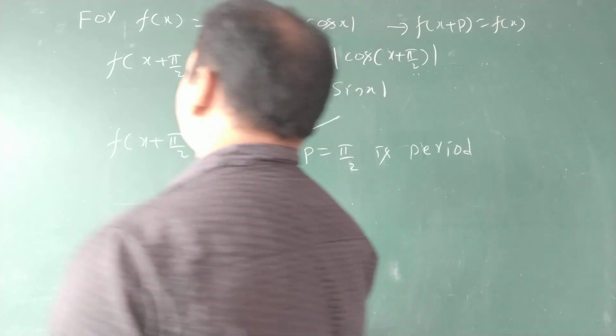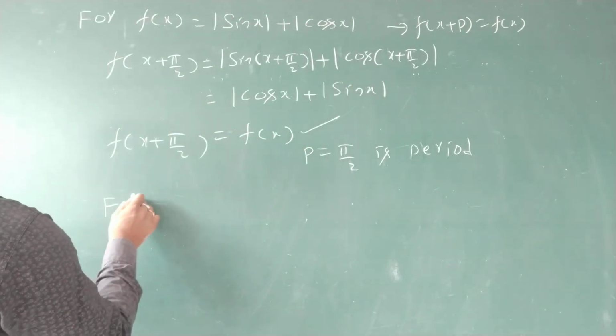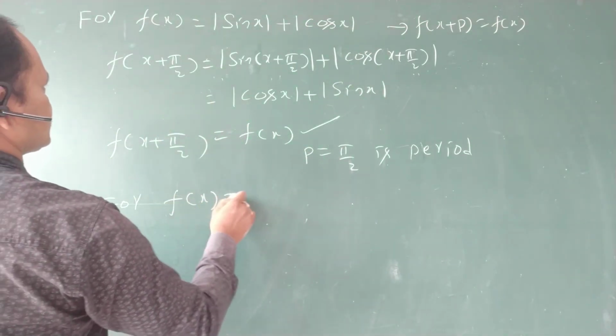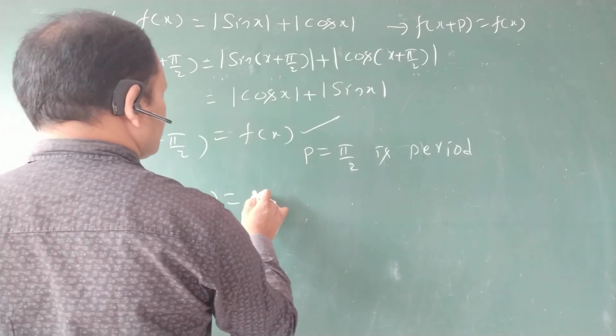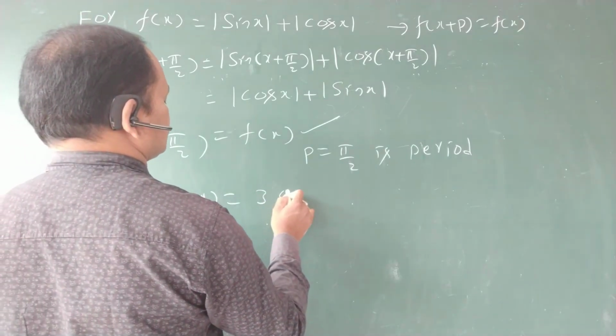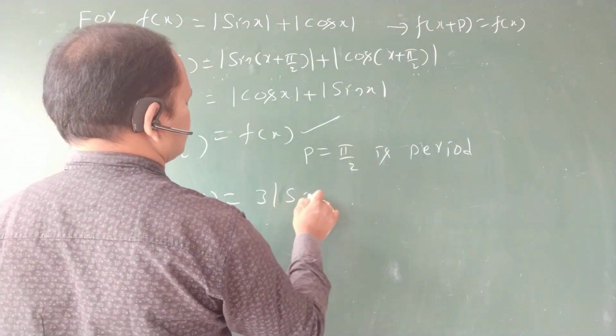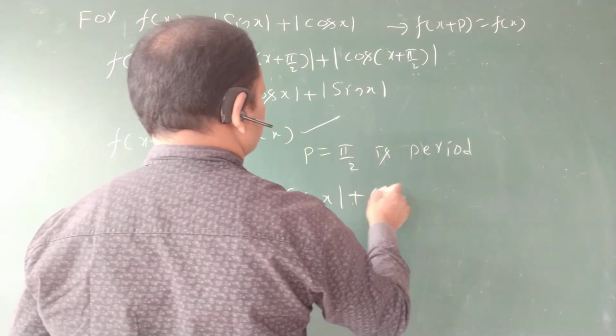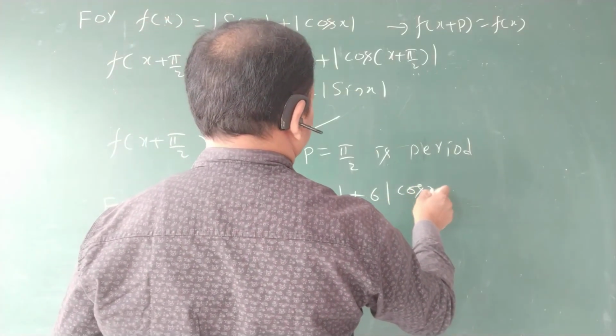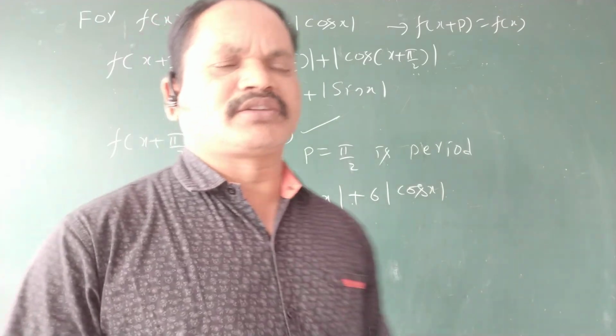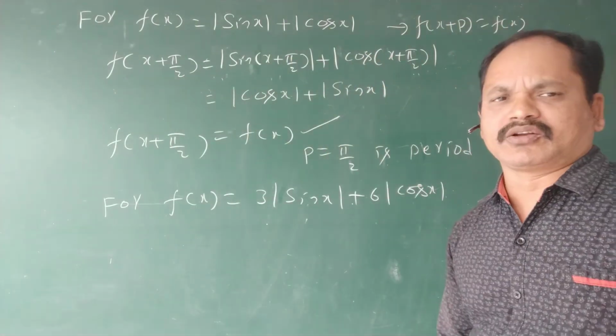Suppose we have to take f of x equal to 3 mod sin x plus 6 mod cos x.